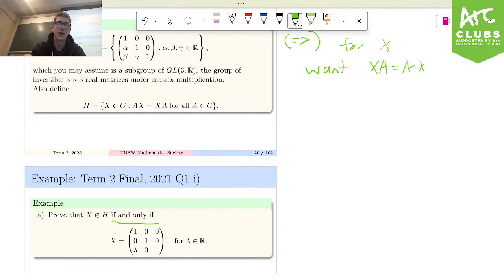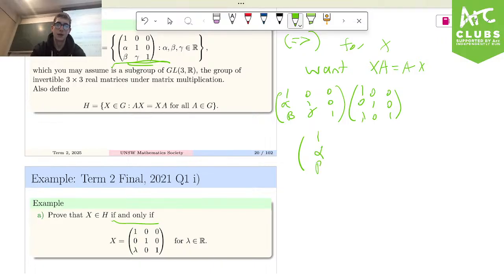If we take some arbitrary A, we want to show that the matrix 1 alpha beta, 0 1 gamma, 0 0 1 times this matrix 1 0 lambda, 0 1 0, 0 0 1, can be briefly computed. It's going to be 1 here, alpha, beta plus lambda, 0 1 gamma, 0 0 1, and it turns out that that's also what we get if we switch the order.